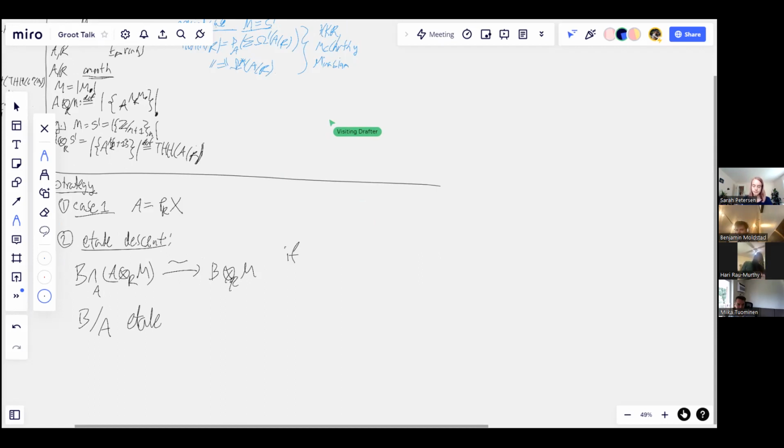And I don't want to lose any of you with the word étale. In my case, all I really want is that étale means that the derived differential one forms of B over A is equal to 0. This is something that is satisfied in the discrete case. Usually étale means something a bit more, but this is all I need in my case.